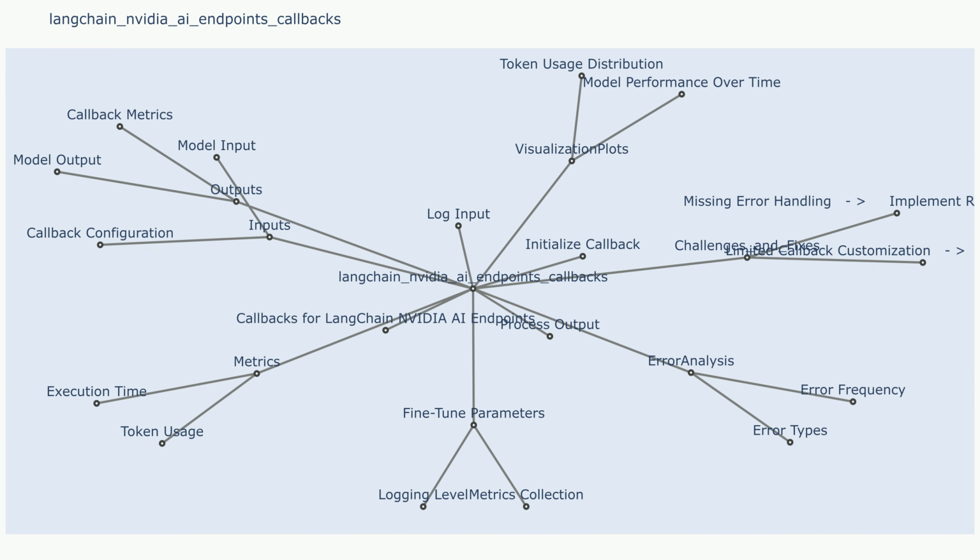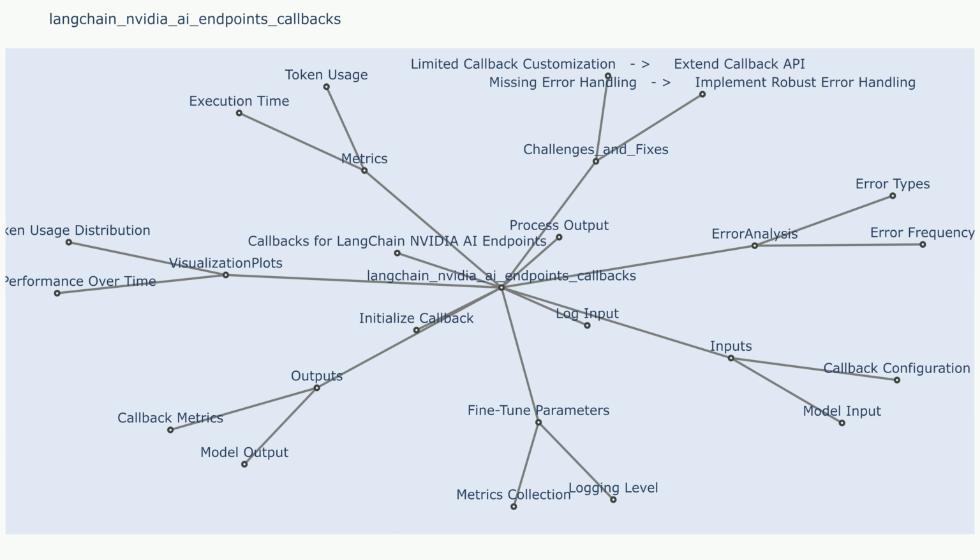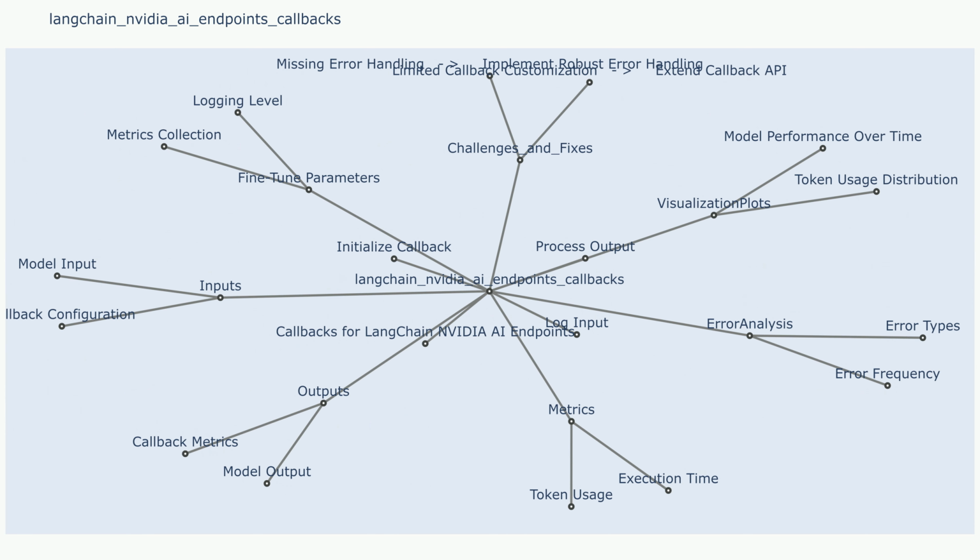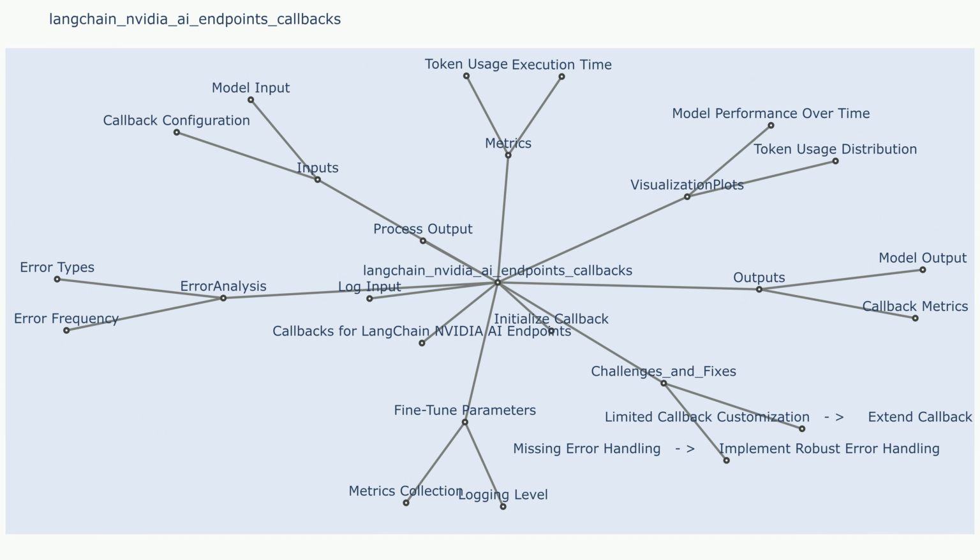Data collection: the callback collects relevant information about the events, such as the input prompt, the model response, the execution time, and any errors encountered. Data storage: the collected data is stored in a specified location, such as a file, a database, or a cloud storage service.